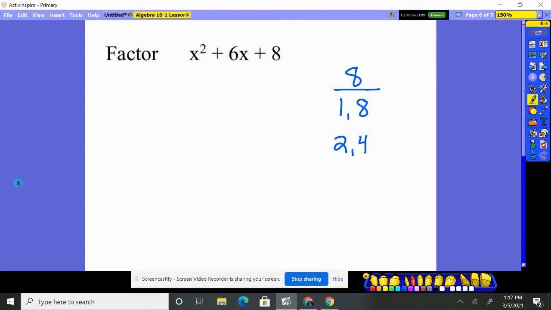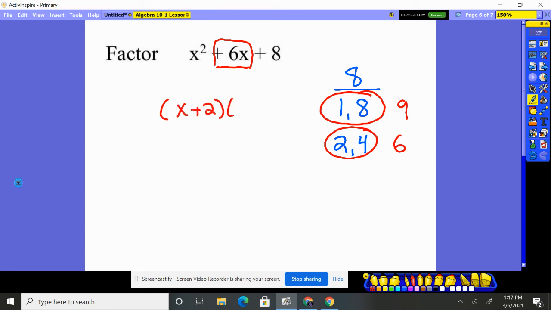But we need to create this middle piece. What will have created the middle piece? All we have to do is look at these added together would have created a middle piece of 9. These would have created a middle piece of 6, which is what I want. So I know this breaks down to an x plus 2 times an x plus 4. That's what it has to be.